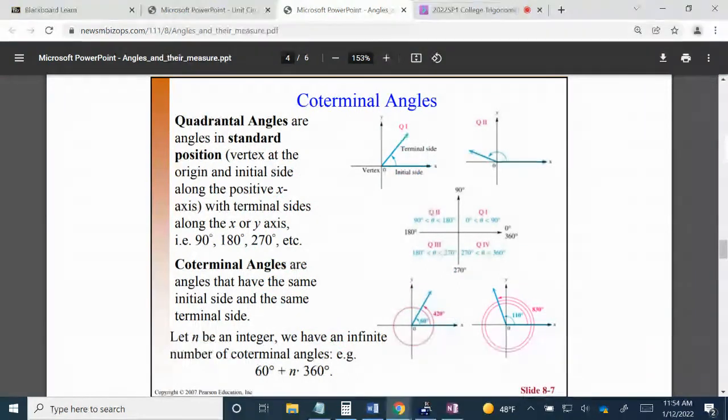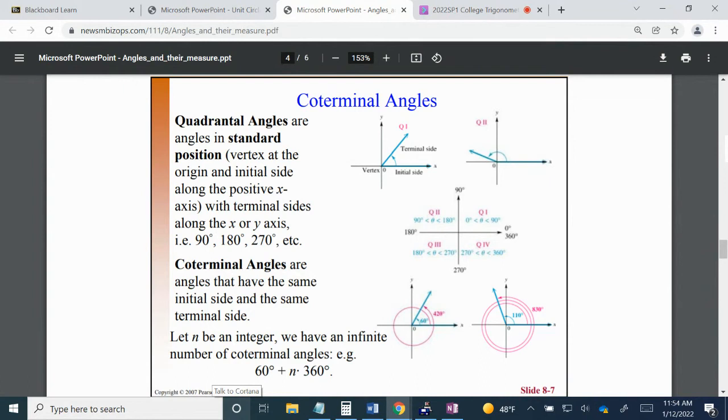Those are also considered to be quadrantal angles. We talked about standard position. For angles in standard position, their initial side must start along the positive x-axis, and the terminal side can either be rotated counterclockwise or clockwise. Here is the definition of a coterminal angle.